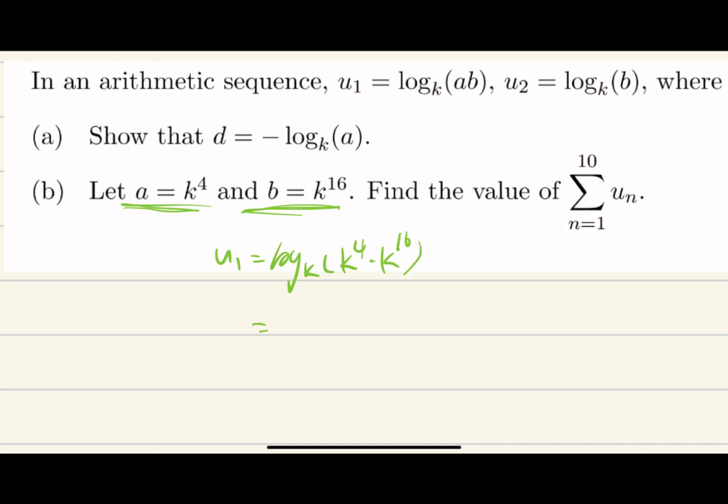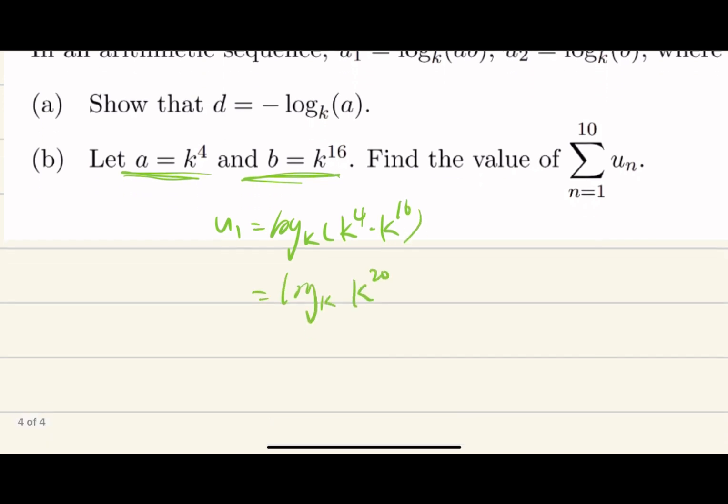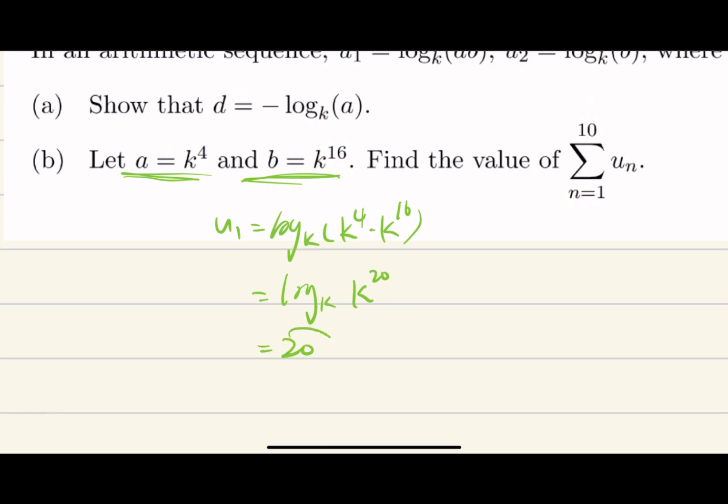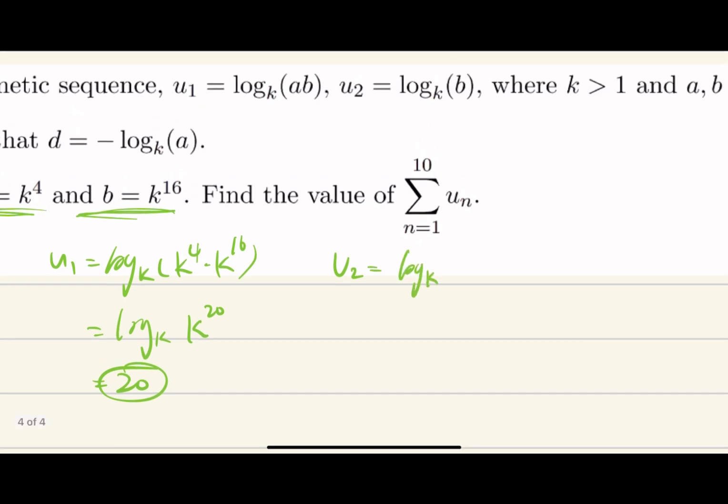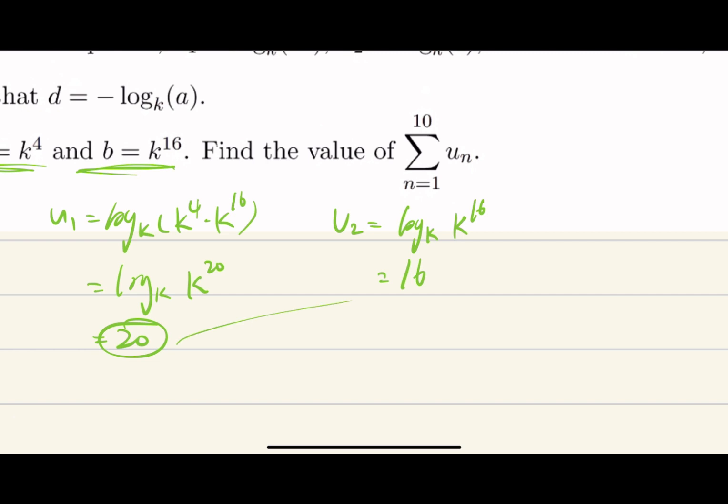That will leave us with k to the power 20, and we know how logs work. So u1 is 20. Woohoo, what a nice number. And u2, what is u2? In u2 we only have k to the power of 16, and that will just be 16. So u1 and u2 differ by minus 4, so that will be our common difference d.